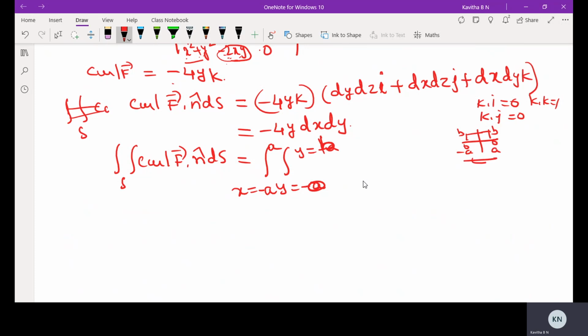Understood now? Then curl F dot n cap is minus 4y dx dy.